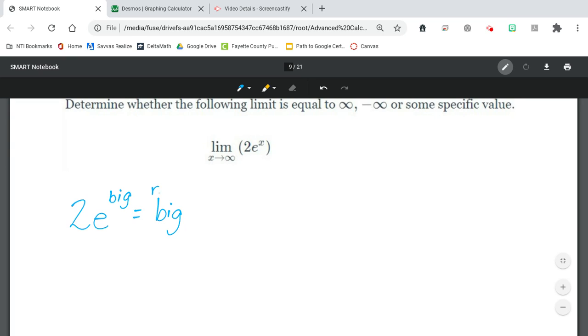Really, really big. It's going to feel like you're cheating math and just doing math as big and little, but that's really how I want you to think about this section when you're exploring dominance. So we'll say the limit as x approaches infinity of 2e to the x is actually infinity.